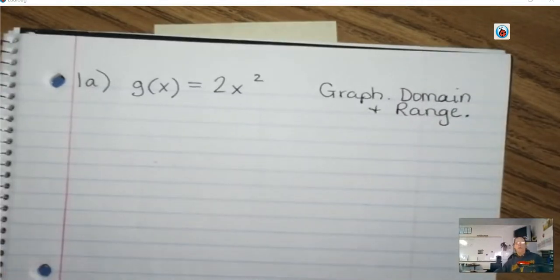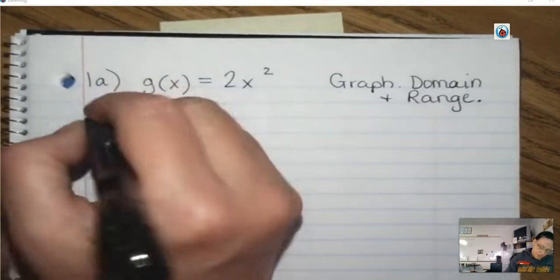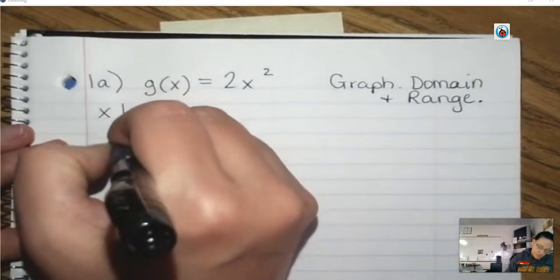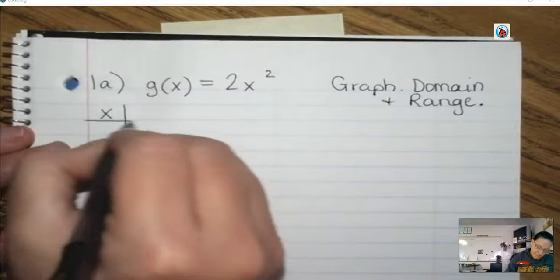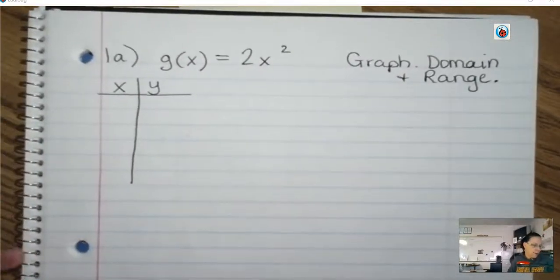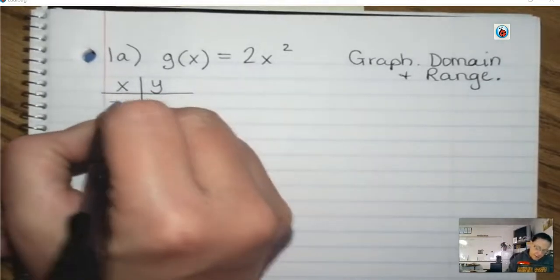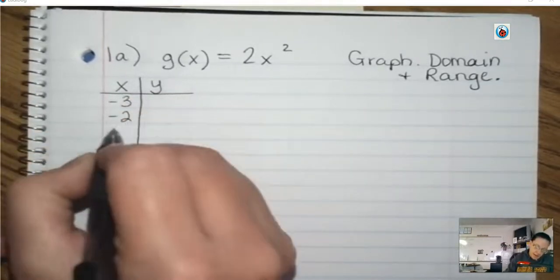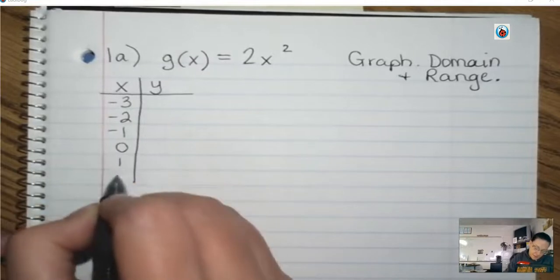Okay, we're going to create a table of values first. The x's I want us to look at will be from -3 to +3. Put in -3 to +3.